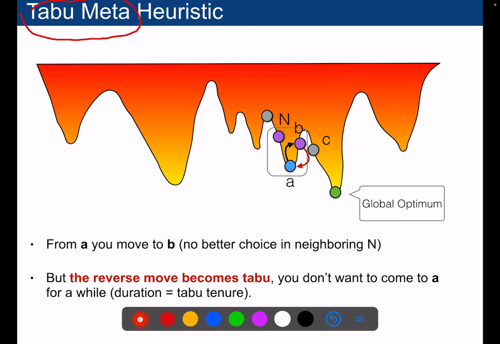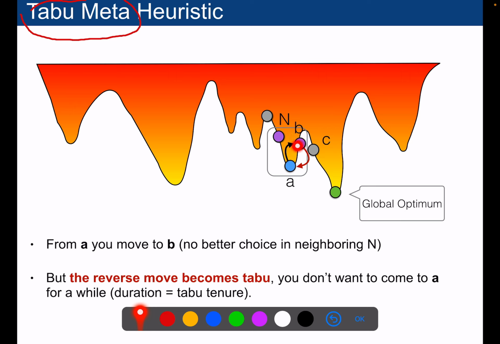So the idea of Tabu search is that if from A you move to B, you will prevent the reverse move for a while. So you will prevent returning back to A for a while.